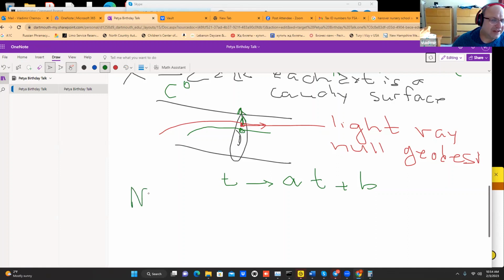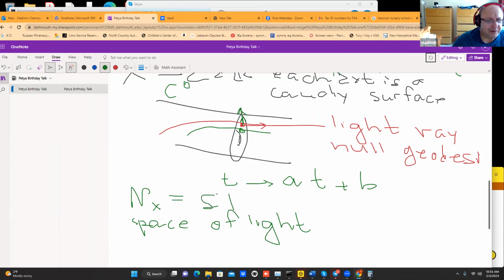So what we get is that the space of light rays is the spherical tangent bundle of the Cauchy surface, the unit tangent bundle of the Cauchy surface.